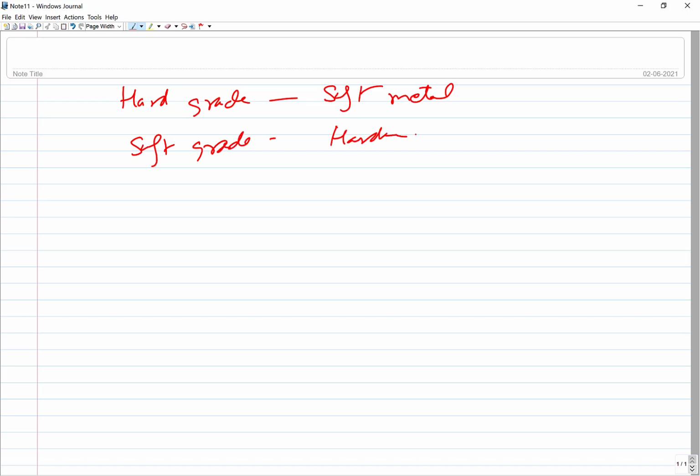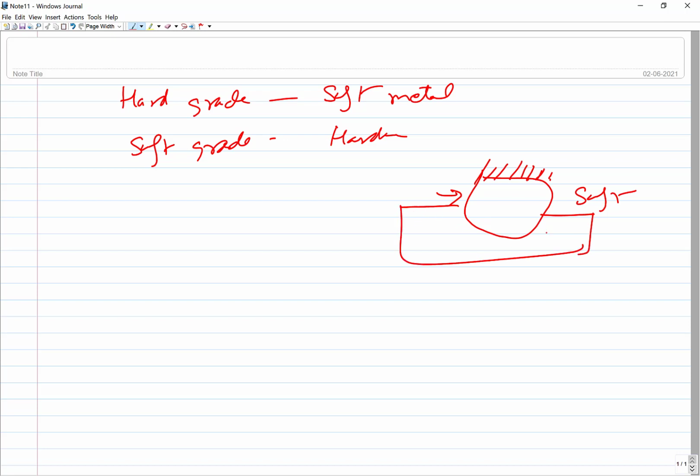Why is it so? When the grinding wheel is made of the soft grade, the bonding is poor, and the workpiece is hard, so a lot of stresses will be acting. Initially the abrasive will be working on the grinding wheel, but as soon as it starts, the abrasives will get deteriorated, they will get rounded off, stresses will increase.